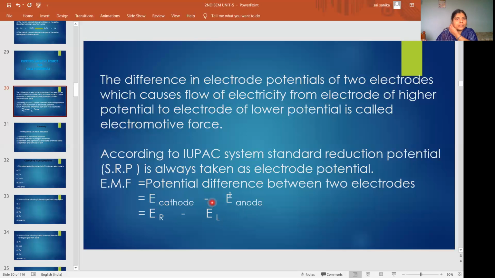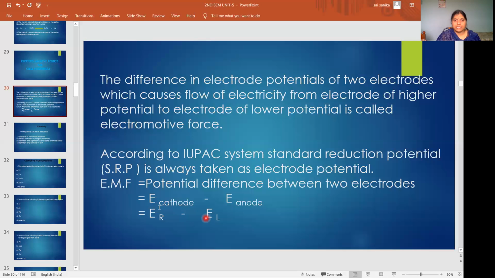Here, standard reduction potentials are taken as electrode potentials while calculating the EMF of the cell. You have to take reduction potentials only.